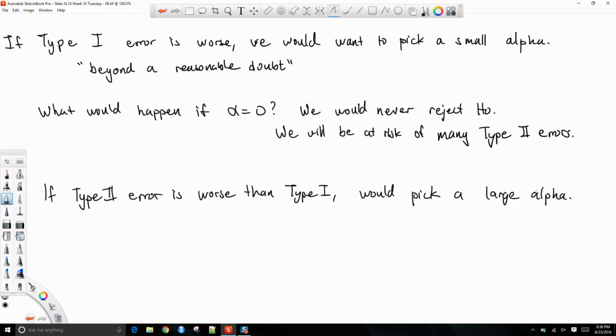We do not have direct control over beta. Beta is related to a bunch of things.